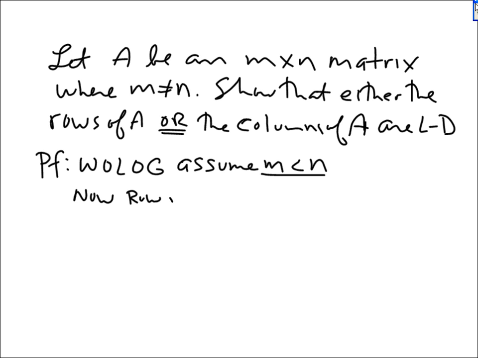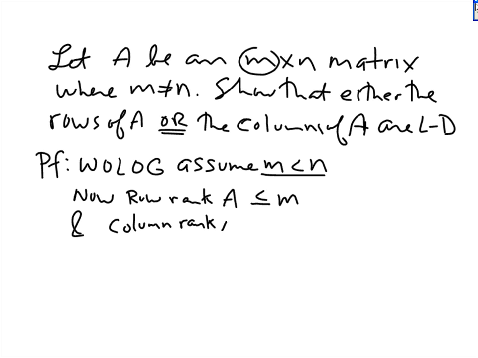The row rank of A has m rows, so it's going to be m or less. And the column rank of A is less than or equal to n.